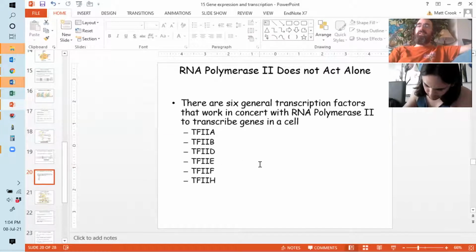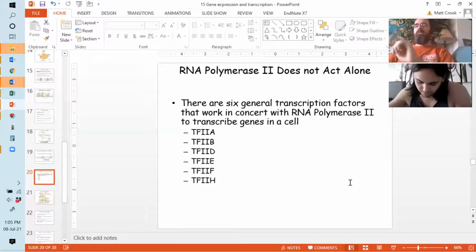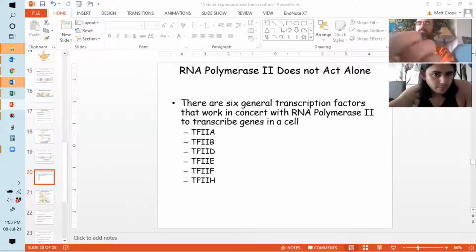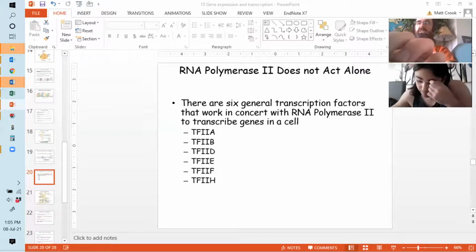And so there are 6 other proteins. These are called general transcription factors. And so these are involved in transcription of all genes. And then you have gene-specific TFs.